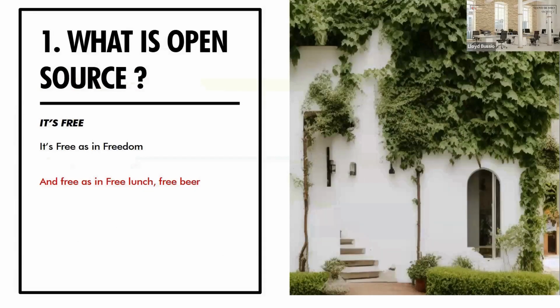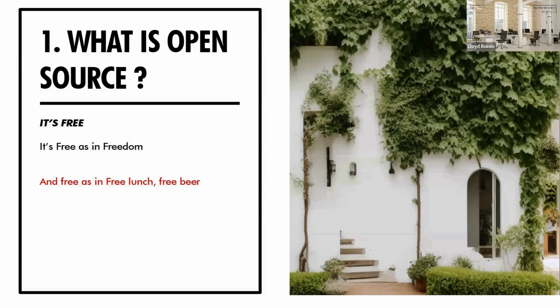So what is open source? Open source is essentially free. It's software or a platform or a system that is free to use and free to use for whatever you want, essentially. It doesn't restrict you like Google Maps, where the content and the data is the only thing that you're allowed to use.